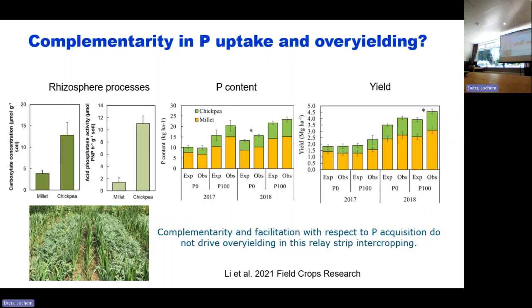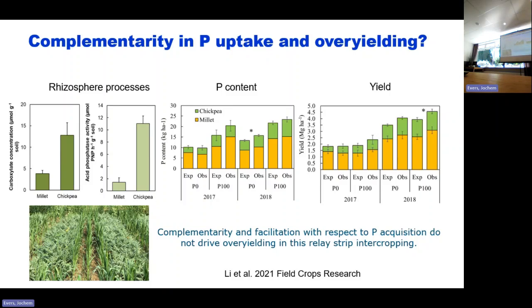So that means chickpea can mobilize the phosphorus because its ability to release carboxylates is higher than the millet. So we suppose there was facilitation in P uptake. But in the field experiment, we only found this P overyielding in one season, the second season, but not in the first season.